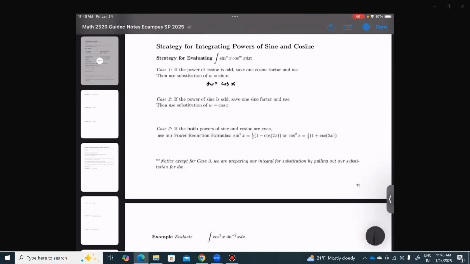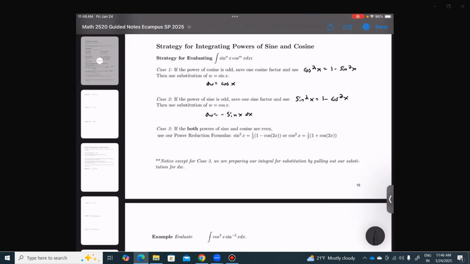We'll also have to use cosine squared x equaling 1 minus sine squared x. Alright. If the power of sine is odd, then we save one sine factor and use sine squared x equaling 1 minus cosine squared x. And then substitute in w equals cosine x, so that dw equals negative sine x dx.